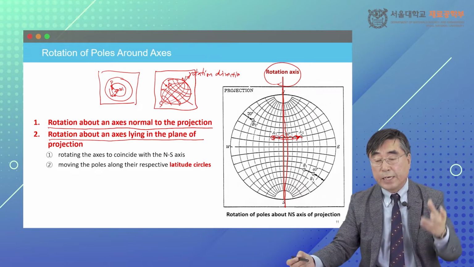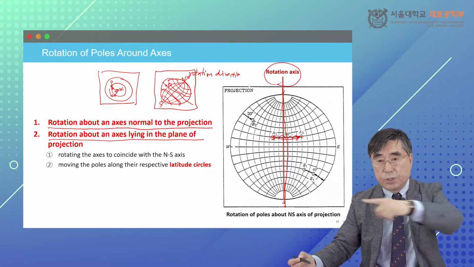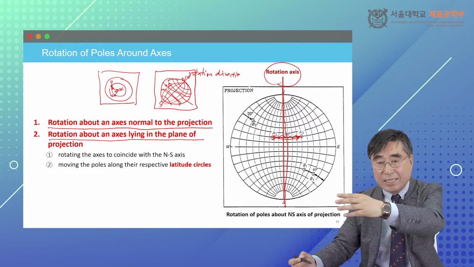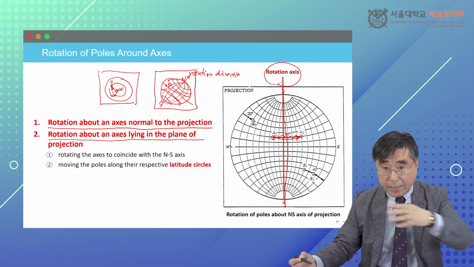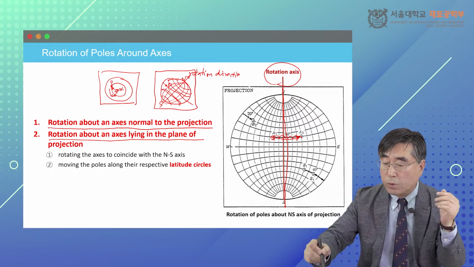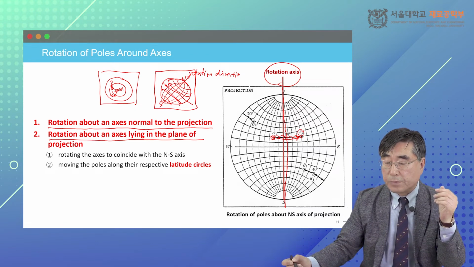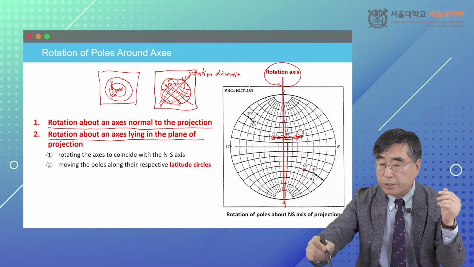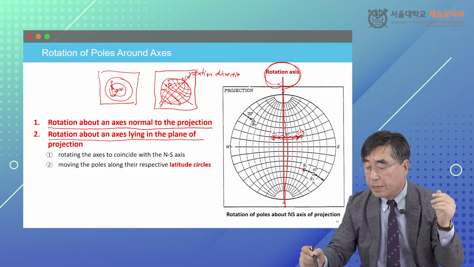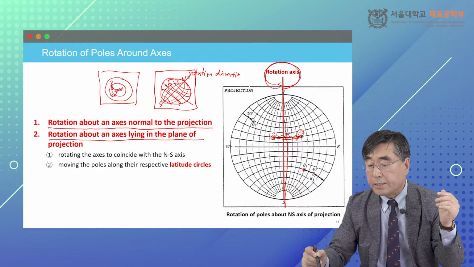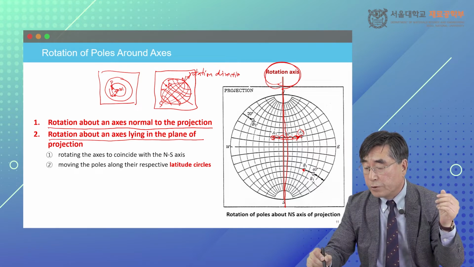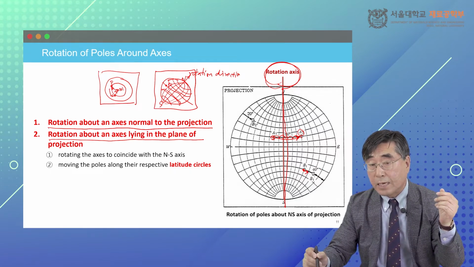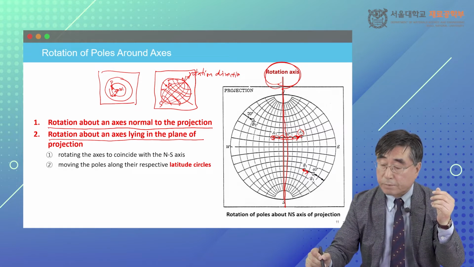Then if you rotate the A1 pole about a certain axis which lies in the plane, then this pole is now going to A2. For instance, if you have a B1 pole, rotate it about this rotation axis by about 60 degrees, then you can rotate clockwise 10 degrees, 20 degrees, 30 degrees, 40 degrees.